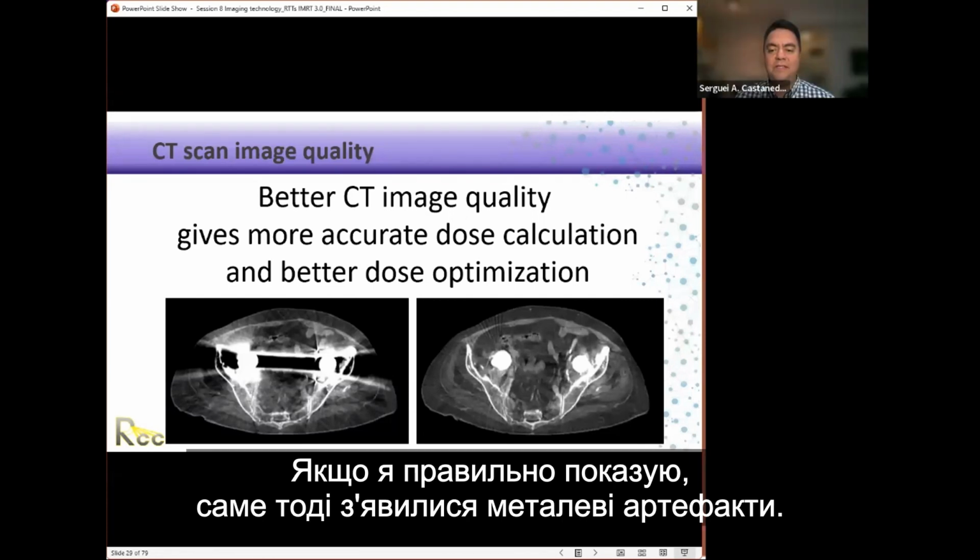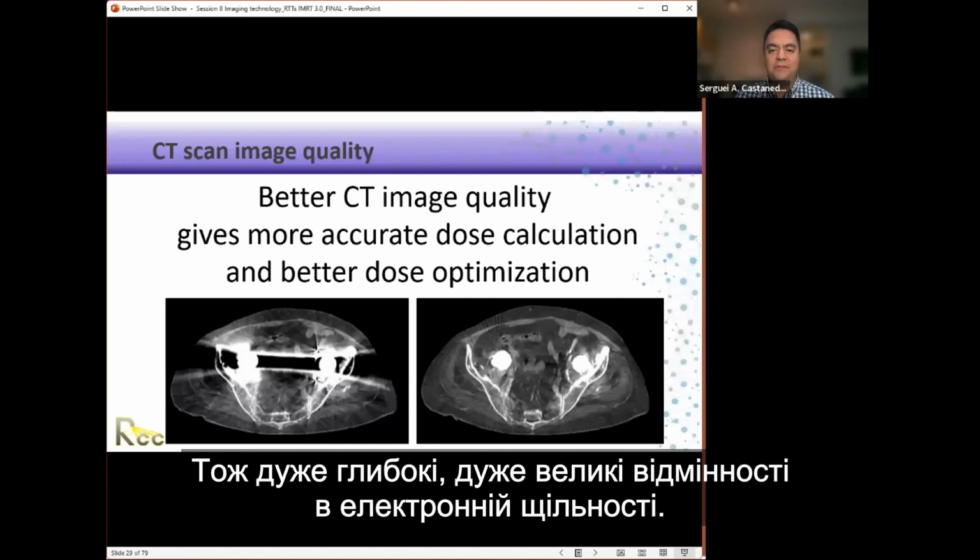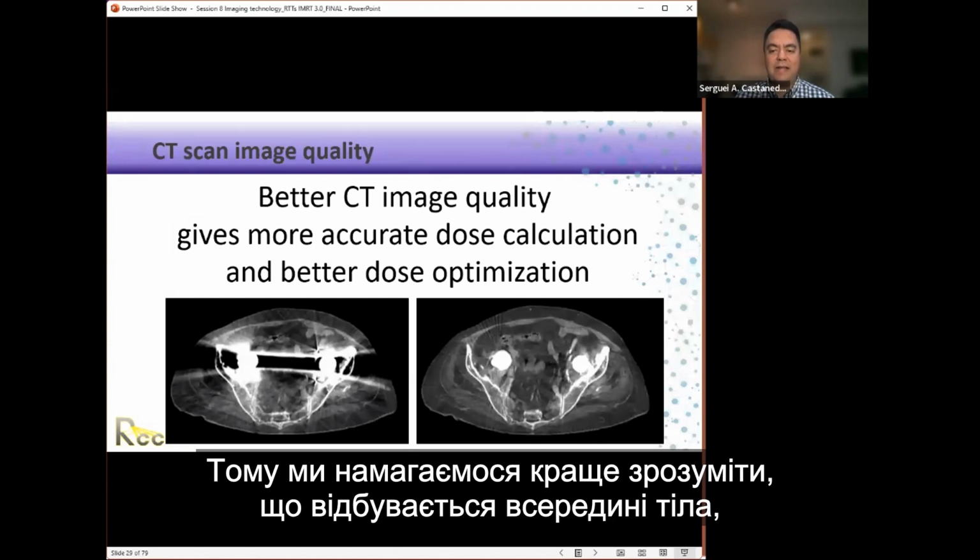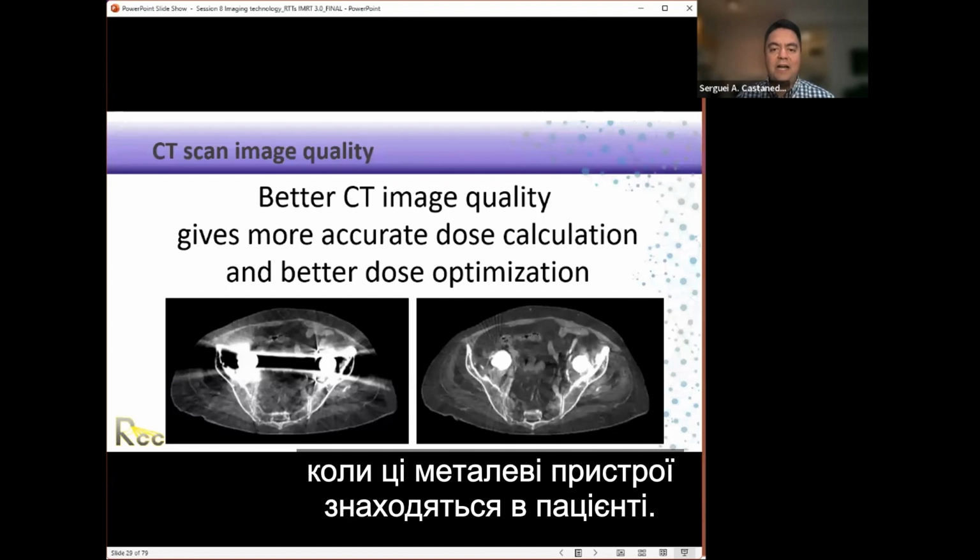If I understood correctly, that was when the metal artifacts were introduced, so very big differences in electron densities. I'm trying to understand better what happens inside the body when that metal hardware is in the patient.